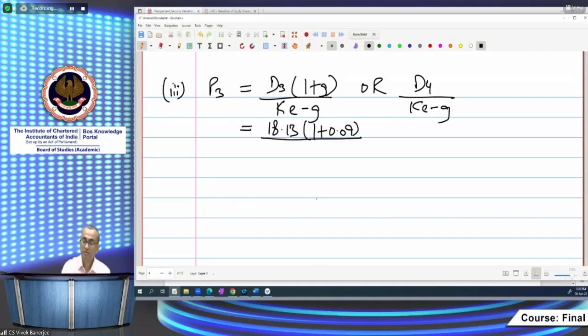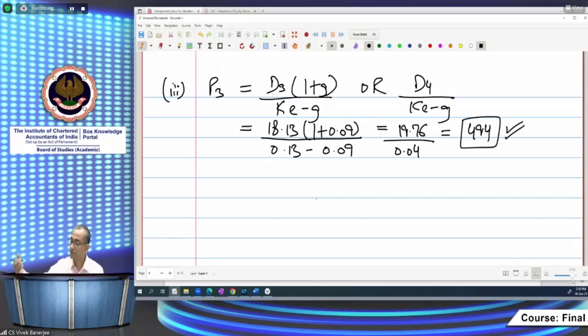Discount rate 0.13 minus 0.09. So it is basically coming to 494.